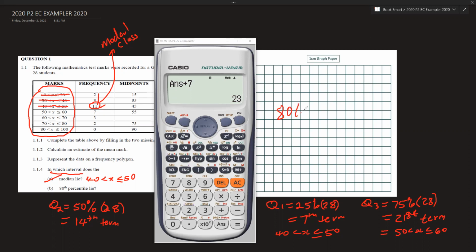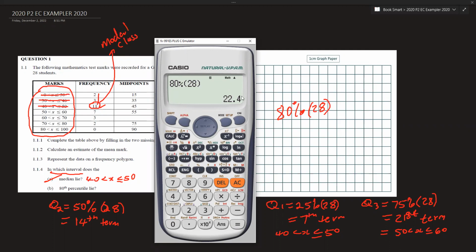So 80% of 28. Let's see how much it will be. 22.4.